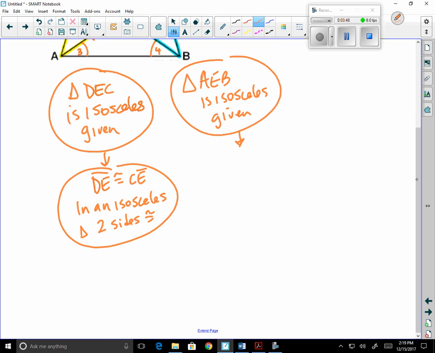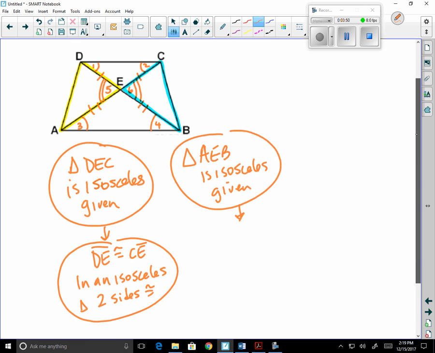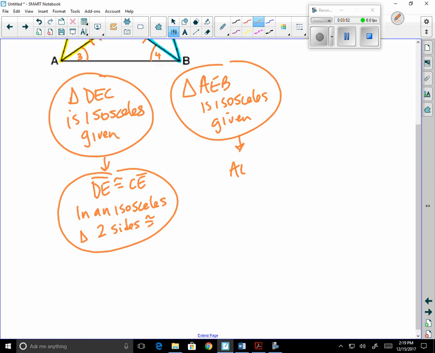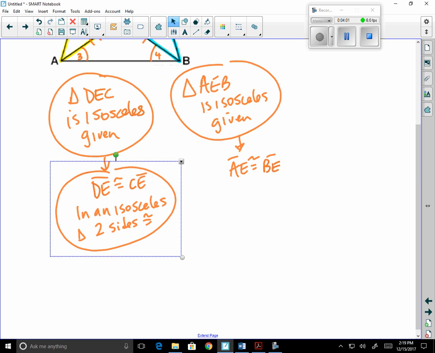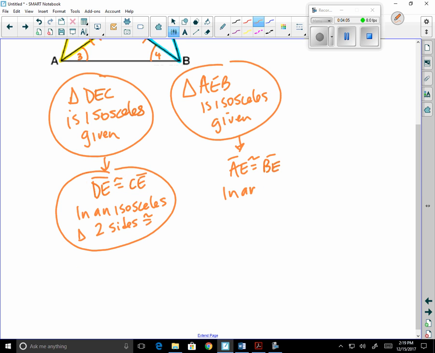For the second one, I also know that AE and BE are congruent by the same reason: in an isosceles triangle, two sides are congruent. So just from those two givens, I know two sets of sides are congruent. I have two of the three pieces of info I need.